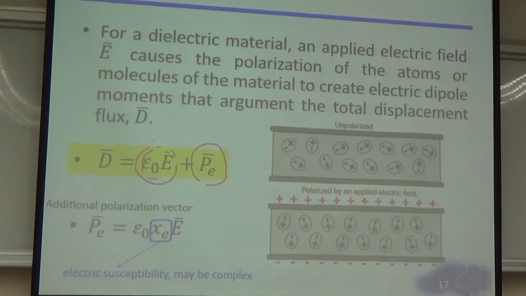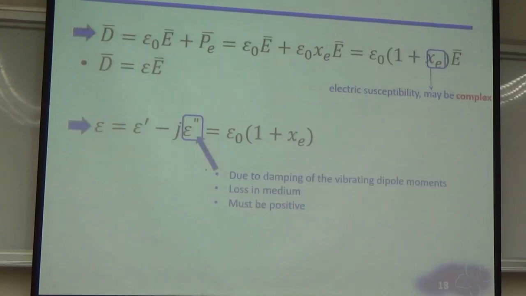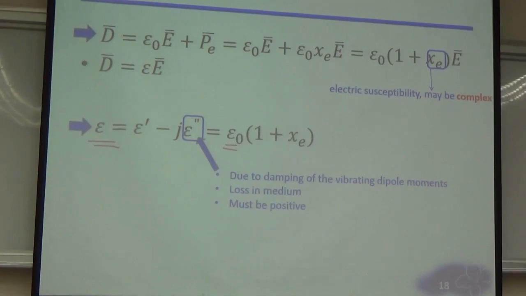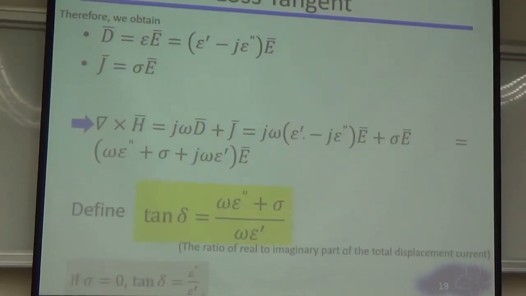These can be combined together, and you get your epsilon. Actually, it is epsilon_0 multiplied by 1 plus something else.